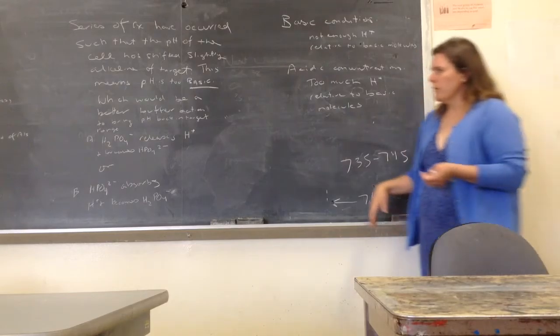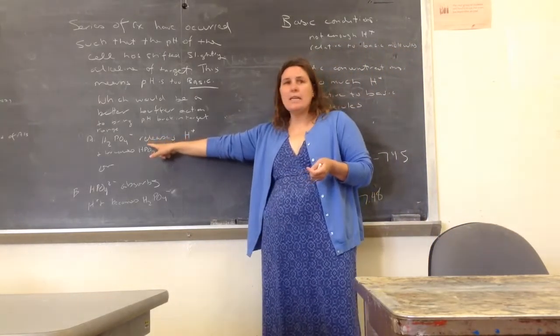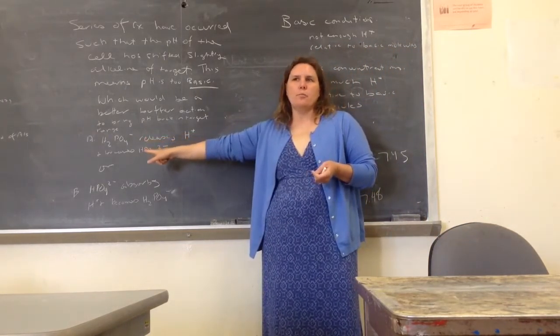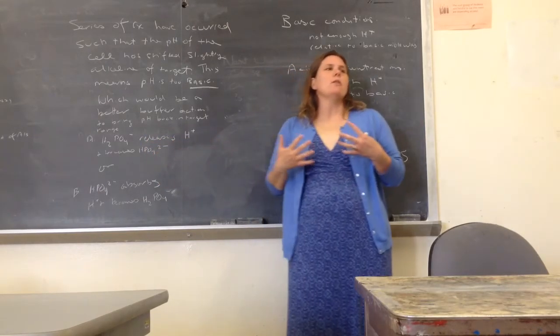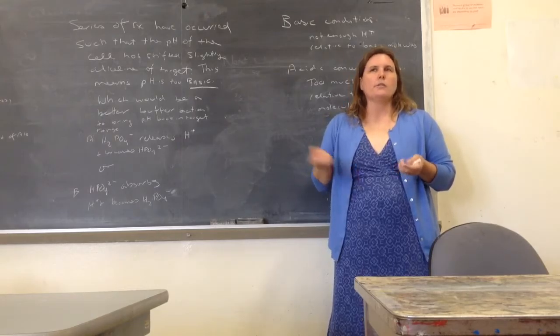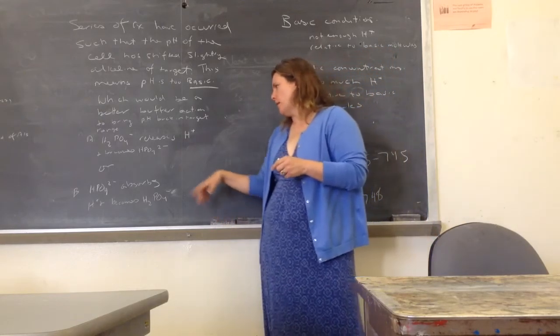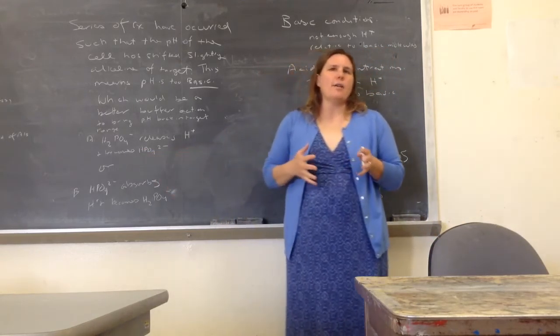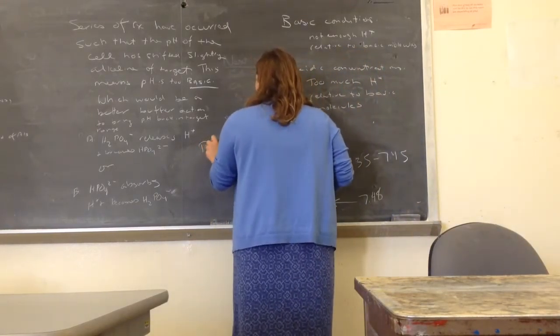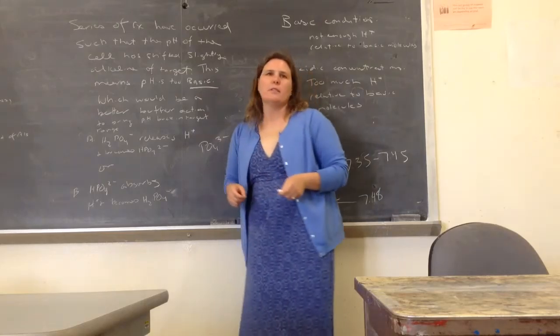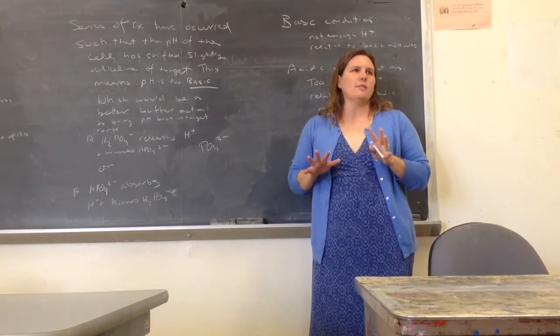To add hydrogen, we need to release hydrogen from H2PO4 minus, and then that molecule becomes HPO4 2 minus. Just as a side note, we do not want to release this second hydrogen, because all of a sudden if we do that, then we have a PO4 3 minus running around, and that's going to change our pH in a different way.